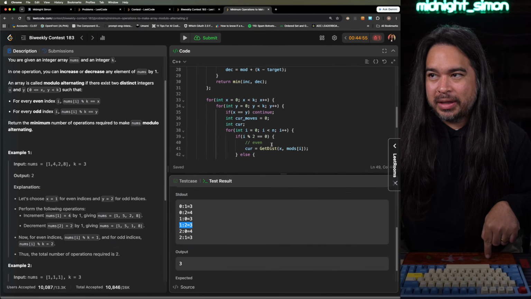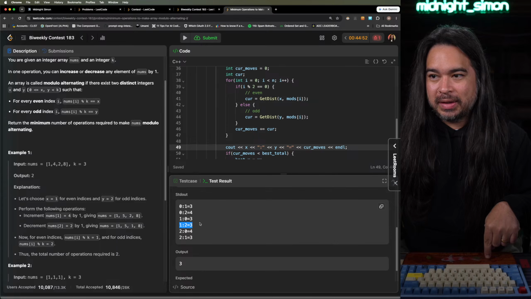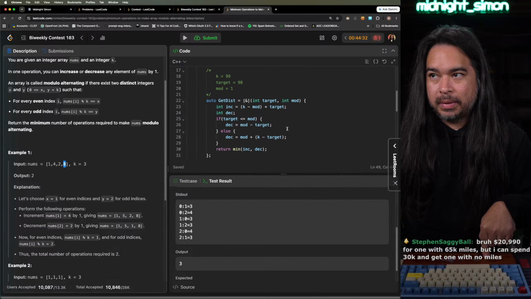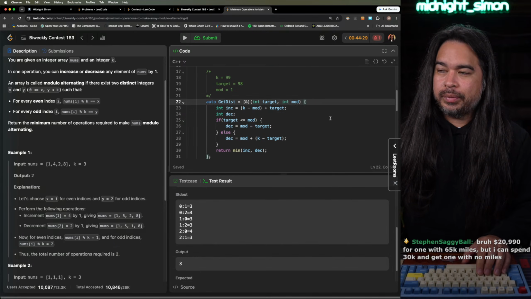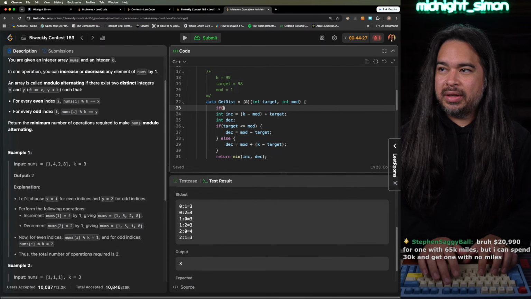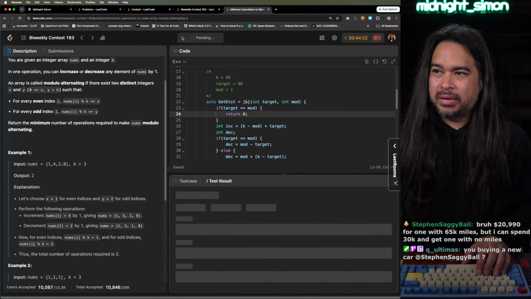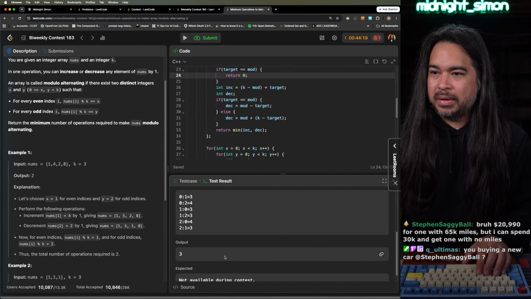Alright, maybe my get distance is wrong. So let's see. 1. That's already 1. That's a -1, yeah. And then 2. This one is already 2. Oh. Wait, should I say if target equal mod? Is it doing some crazy stuff like that? No.